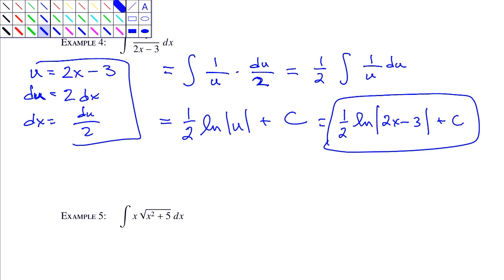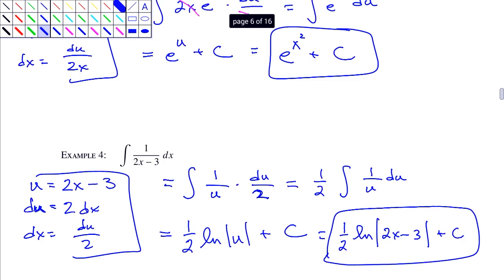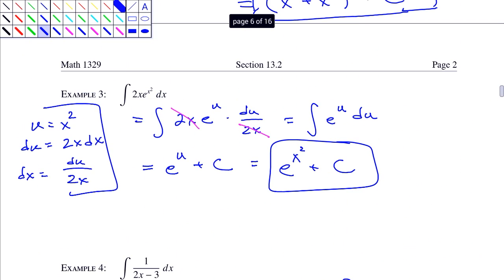Questions? Tori, questions? Where are you lost at? Blake, question? How do you get the u for example 3? For 3, you got to set it up so that whatever this is cancels, because you got to get rid of all the x's.